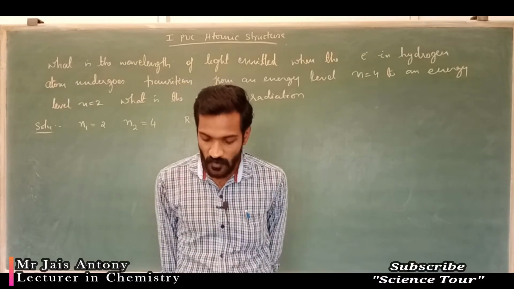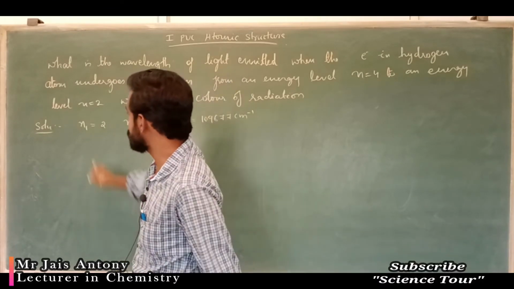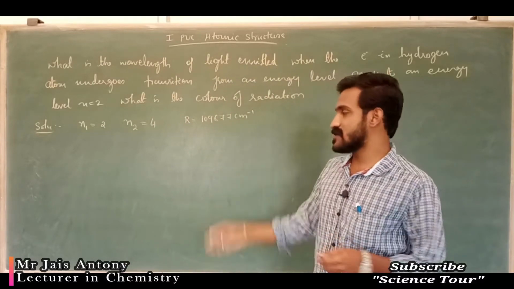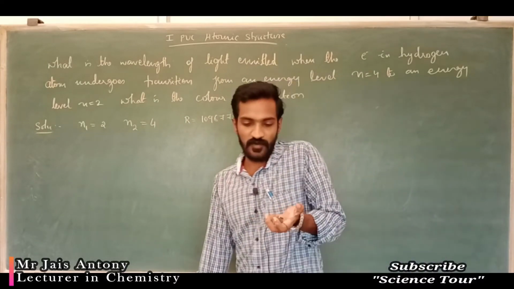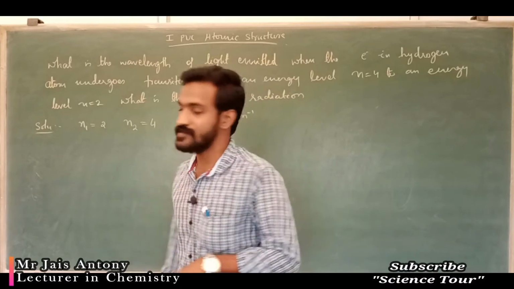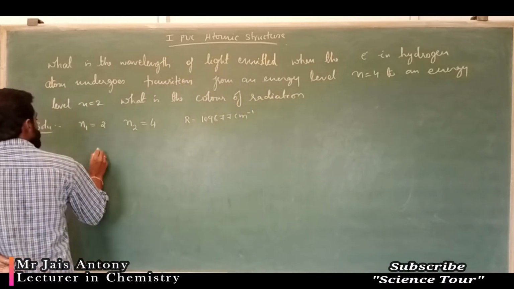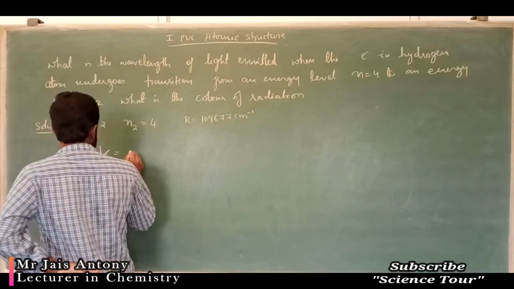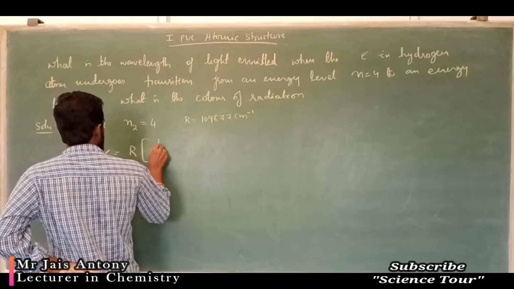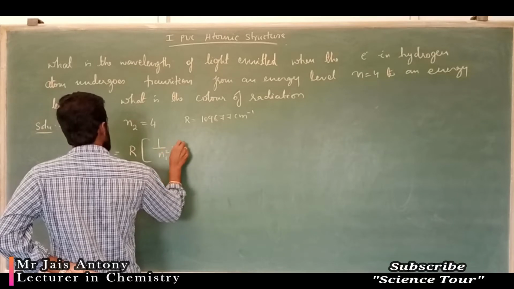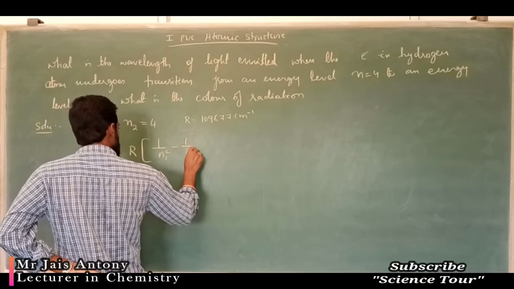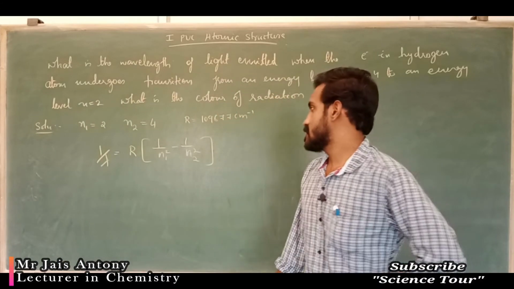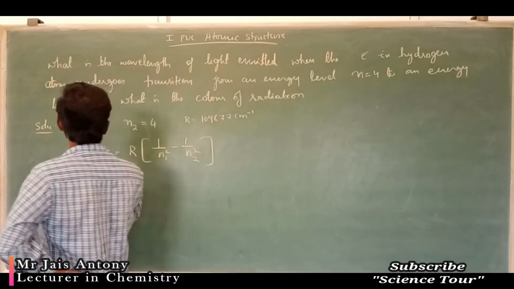Wavelength. So what formula do we use? Only energy levels and R are given. Which formula do we have in our pocket connecting with the wavelength? It's 1 by lambda, the wave number, is equal to R into 1 by N1 square minus 1 by N2 square. This is the formula, correct? Here lambda you have to find out.